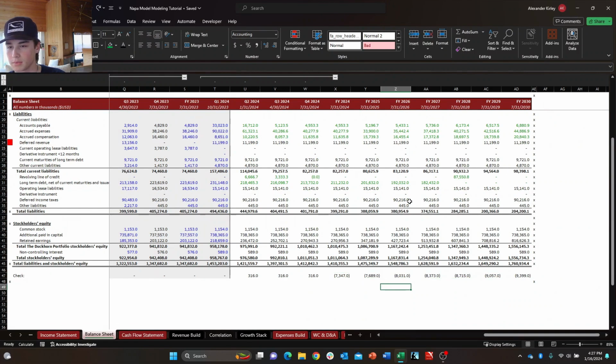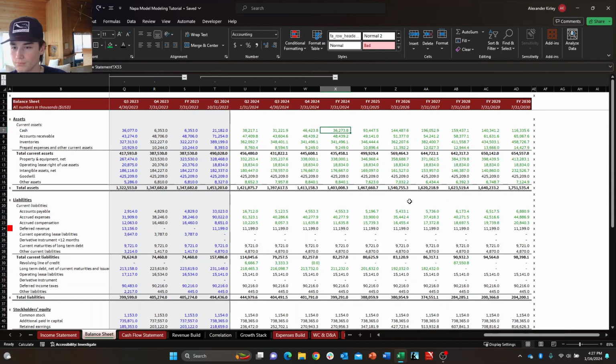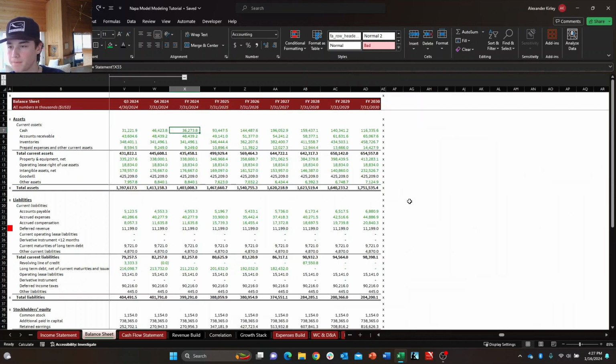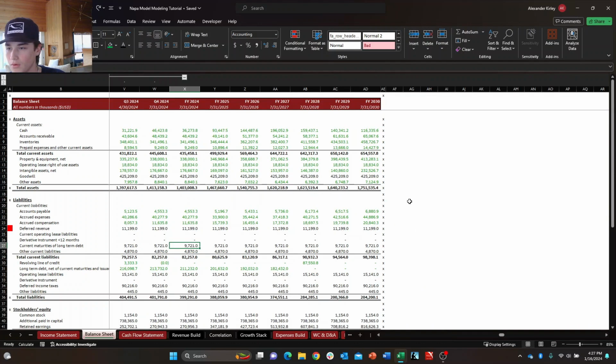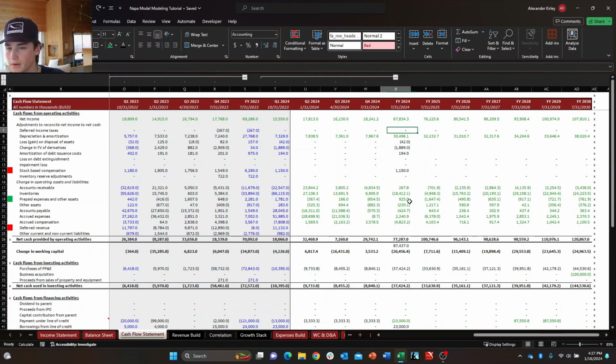So I think there's something going on in this balance sheet that's a little bit wrong here. I'm not sure, but we'll find out. So let's take a look at the formulas. Control squiggly line. I'm not sure what we call it. Let's figure out where we went wrong.